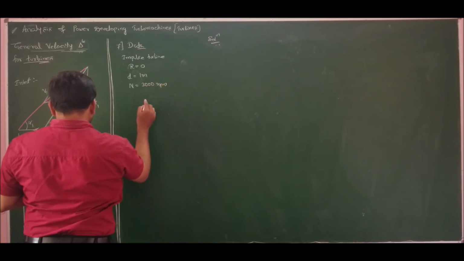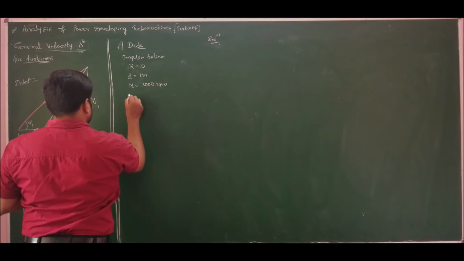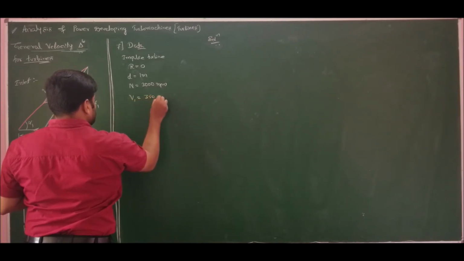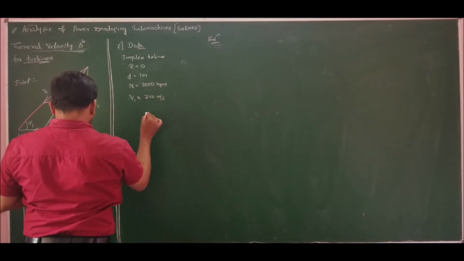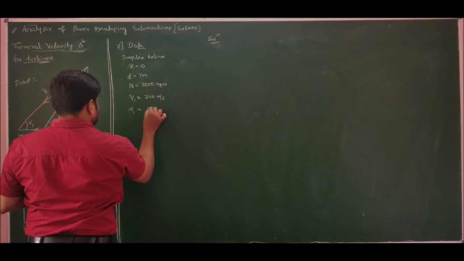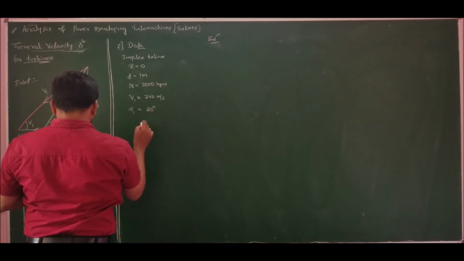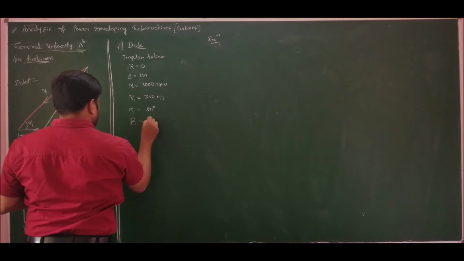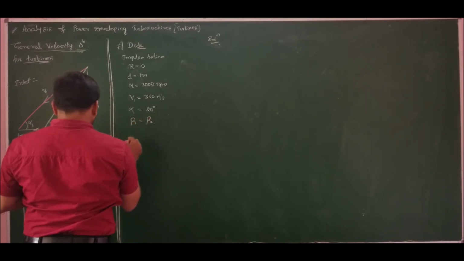The steam is supplied from a nozzle at a velocity of 350 meters per second, so V1 is 350. The nozzle angle alpha 1 is specified as 20 degrees. The rotor blades are equiangular, that is beta 1 is equal to beta 2, the blades are of equal angles.